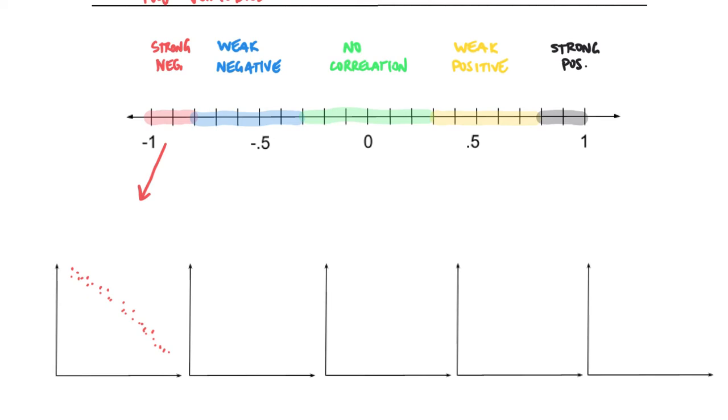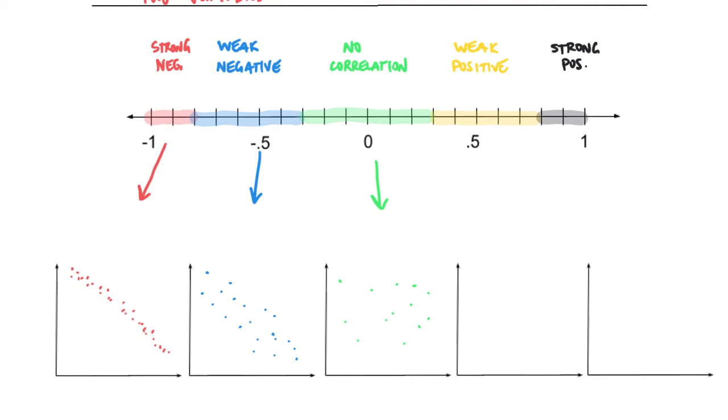If you have a weak negative correlation, you would still be heading down, but maybe the points are a little bit more spread out, but definitely heading down. No correlation would mean there's no pattern at all. So things are just all over the place.